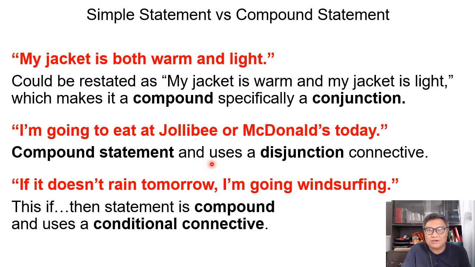Another example of a compound statement is I'm going to eat at Jollibee or McDonald's today. Again, you can rewrite this as I am going to eat at Jollibee or I am going to eat at McDonald's today. There are some redundant statements, so what is important here is you identify that you have the connective or. So this is a disjunction.